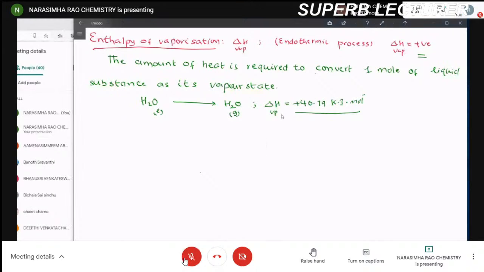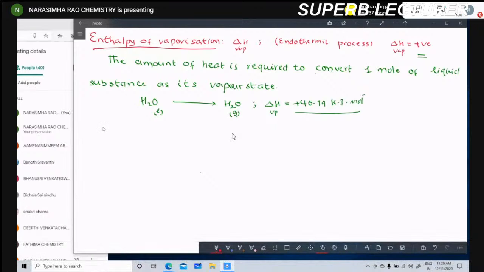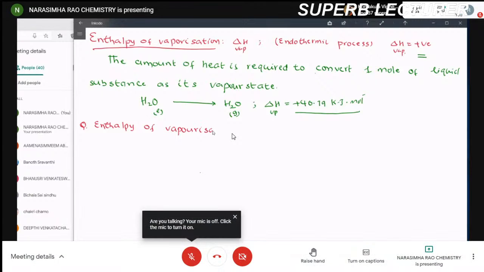Now, my question is like this, an NCERT example. The enthalpy of vaporization of water means molar enthalpy of vaporization.